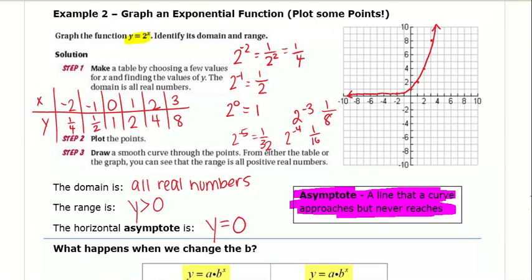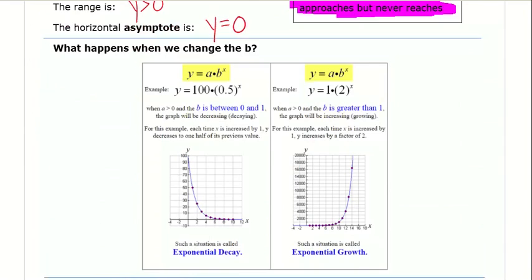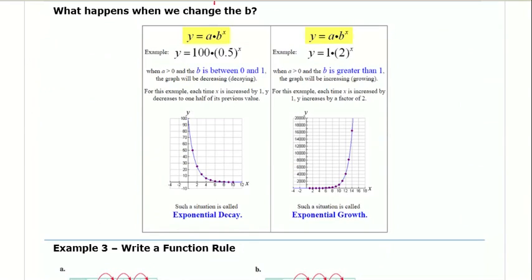Okay, let's see what happens when we change the b. When we change the base. We've been looking at things like this: y equals 1 times 2 to the power of x, where our b was greater than 1. That's going to be an increasing graph. So that's what's known as exponential growth.